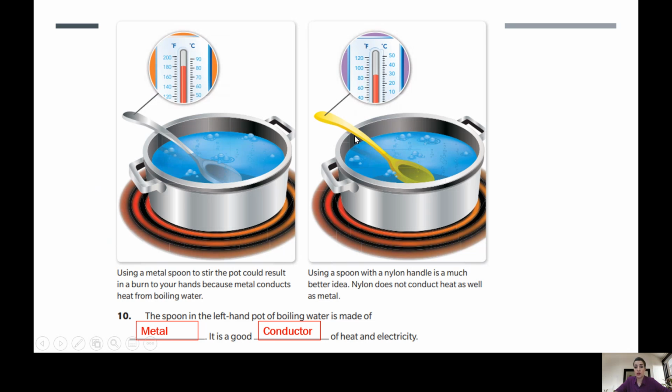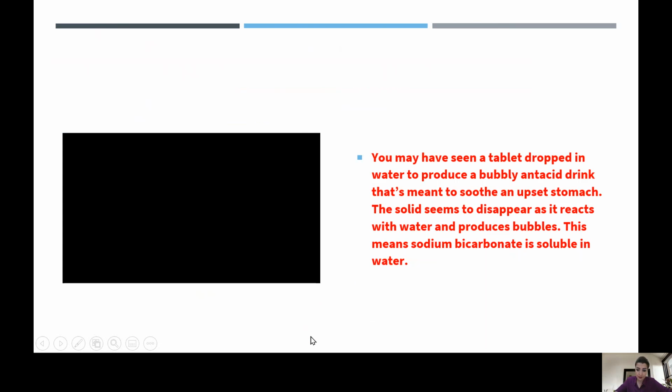But if in case your mom, when she's cooking, used a plastic spoon or a spoon that is made of a nylon handle, this is an example of an insulator, because the nylon or the plastic does not conduct heat as well as metal. Okay, so in this case the spoon in the left pot is an example of metal. It's made of metal, which is a good conductor of heat and electricity.